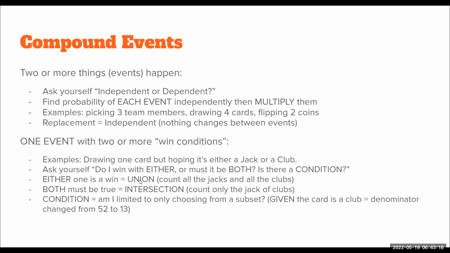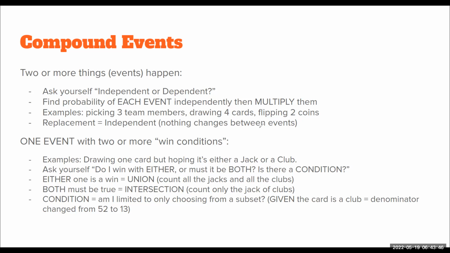If either one is a win, if I'm happy to have this or that, then it's a union. I will count all the jacks and all the clubs and be careful not to double count. If I have to have both conditions, then that's the intersection. That's where I am a jack and a club. Jack and a club is the intersection.